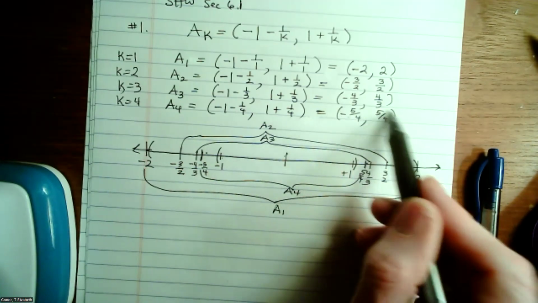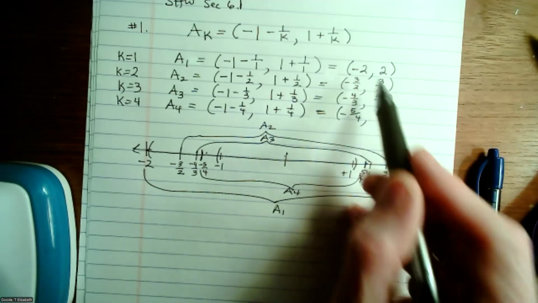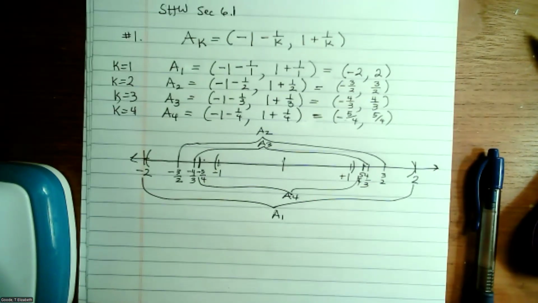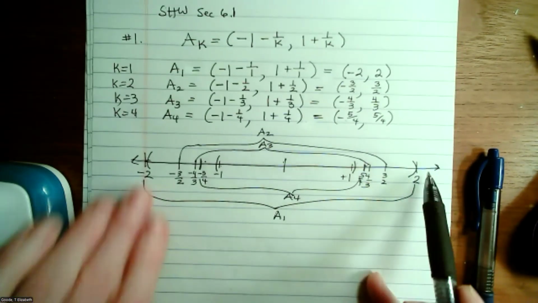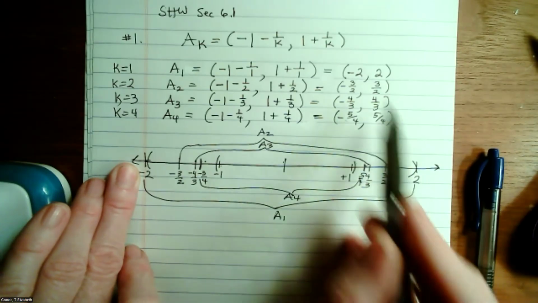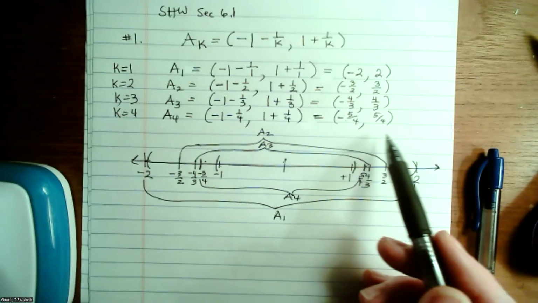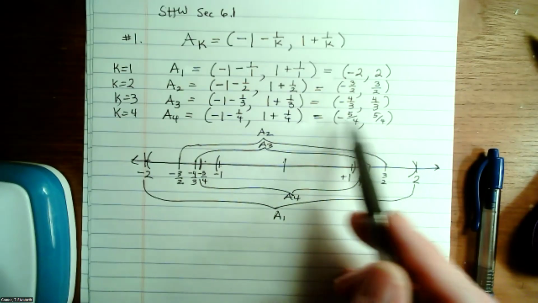So this is the smallest one. That would be the intersection. This is the biggest one. That would be the union. If you're taking the union from K equals 1 to 4, you'd get the whole shebang, exclusive. You take the intersection, you just get the smallest one.